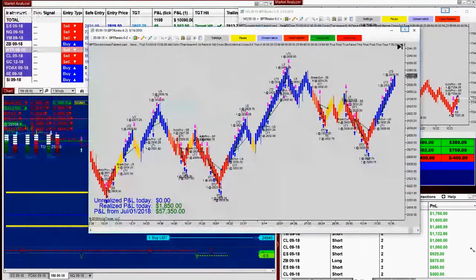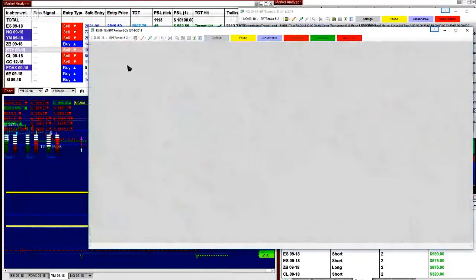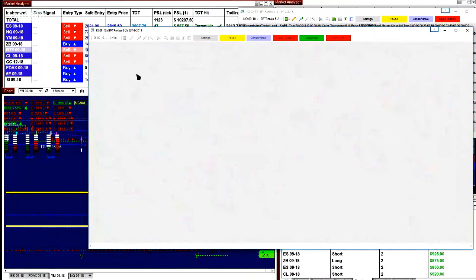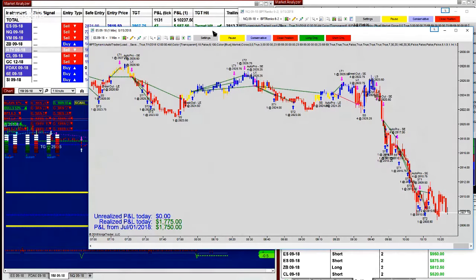ES, $57,000 from July. Yeah, right. Let's look at the reality on that. This is before slippage, before commission. Good luck with that.